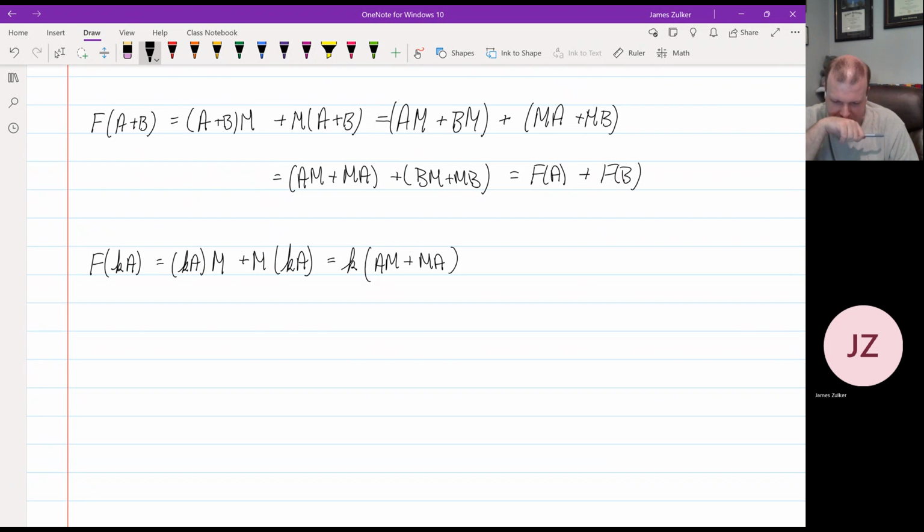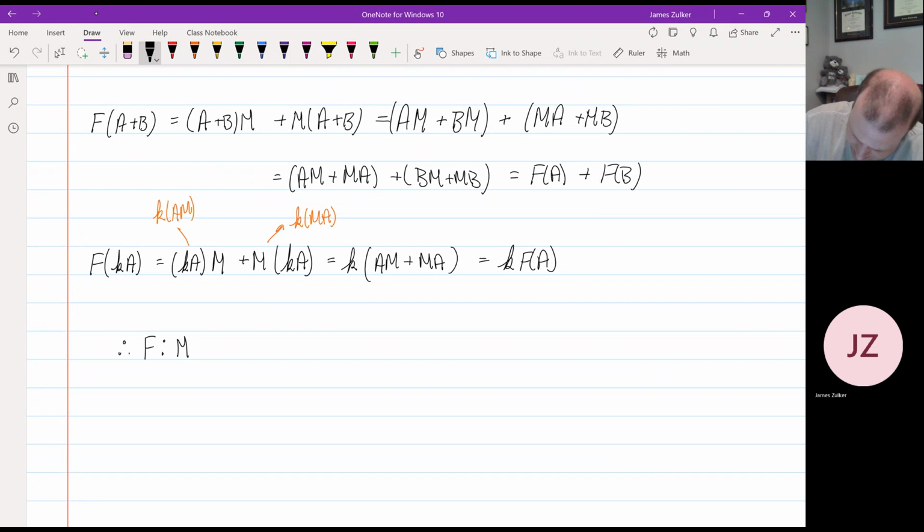And the reason for that is because this here is the same as this, and then this is that, which is the definition of K times F of A. So therefore, our mapping from M22 into M22 defines a linear transformation.